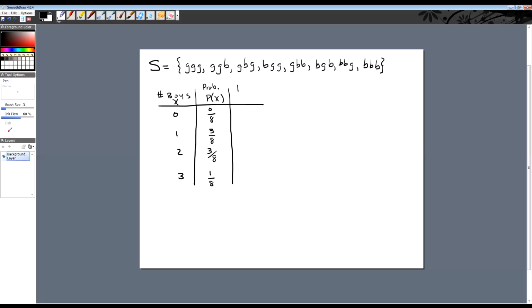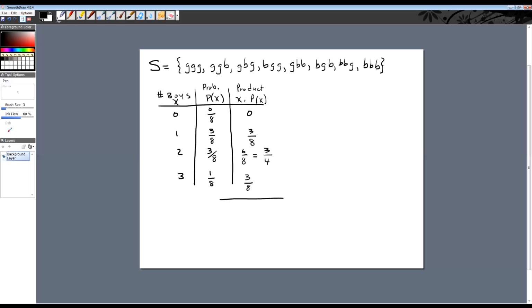So the product of x times p of x is 0. 1 times 3/8 is 3/8. 2 times 3/8 is 6/8, or 3/4. The probability of 3 times 1/8 is 3/8.